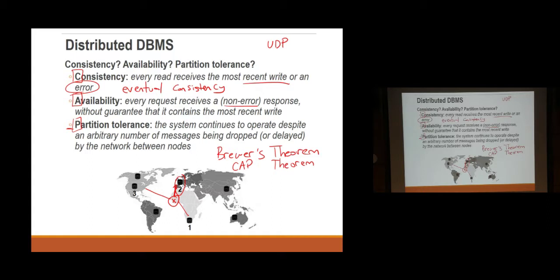So if you reduce the notion of consistency from the strongest form into eventual consistency, then yes, you can achieve all three. And that's basically what NoSQL is typically trying to achieve, a weak consistency called eventual consistency.